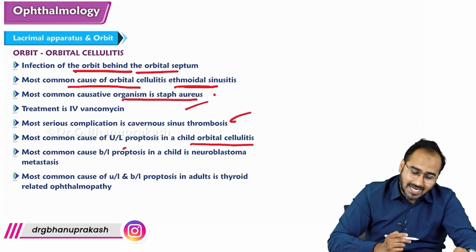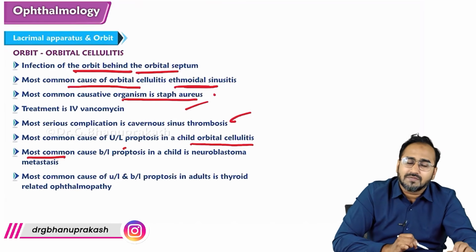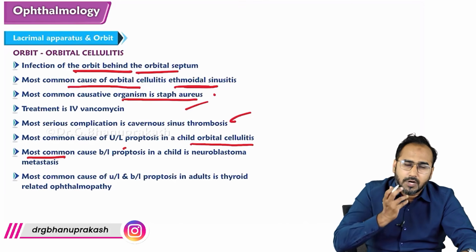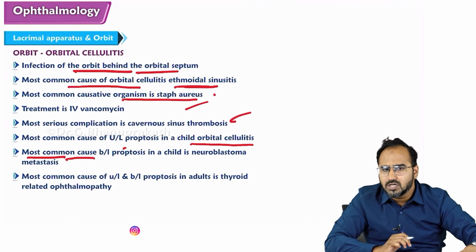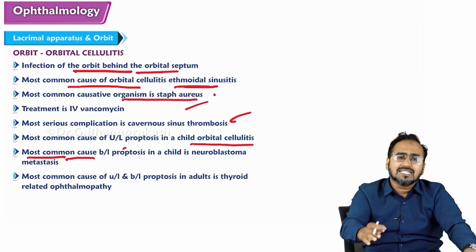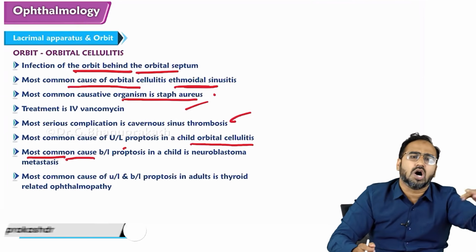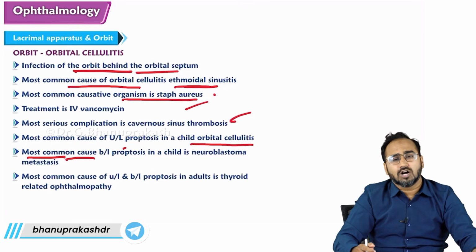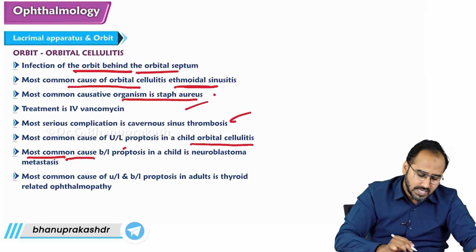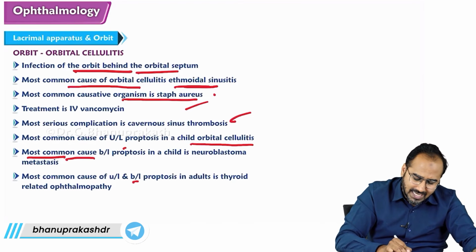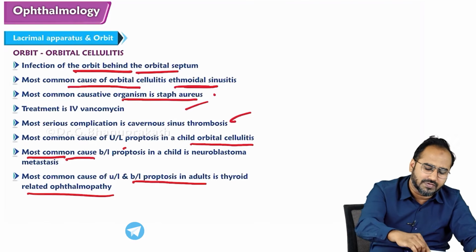What if the adult comes with proptosis? Whether the adult is coming with unilateral or bilateral proptosis, the common cause is the thyroid disease or the Graves' disease, right? So the common cause of proptosis in adults is thyroid related ophthalmopathy.